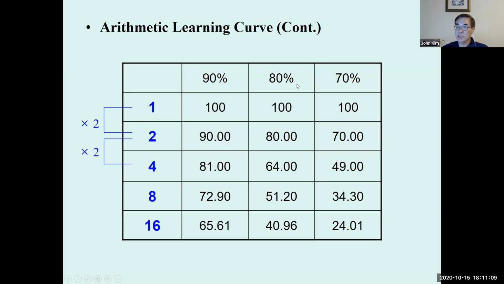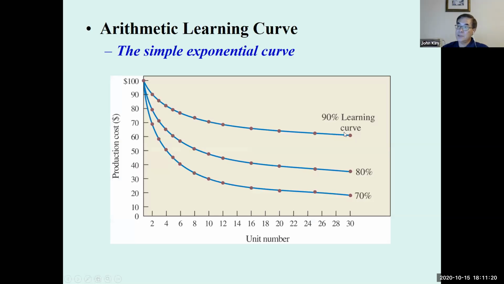If the learning percentage is 80, then times 0.8, 80, times 0.7, and so on. So if the learning percentage is lower, then the difference between the first one and second one is bigger, deeper, or the distance is longer.